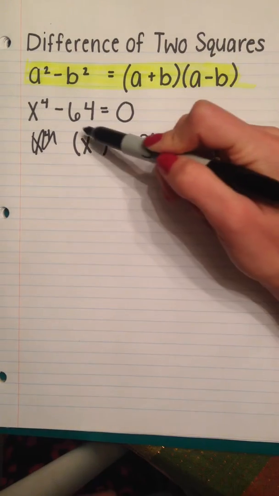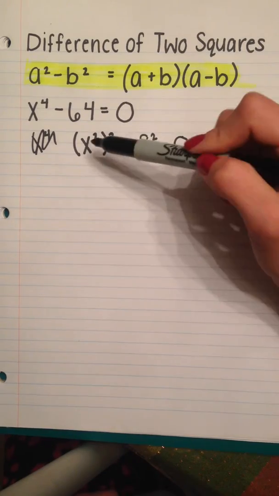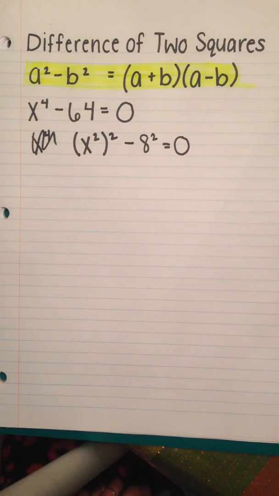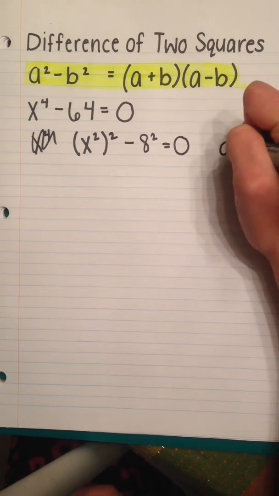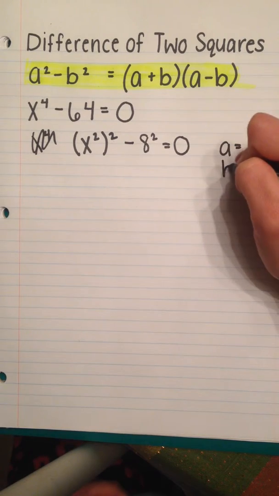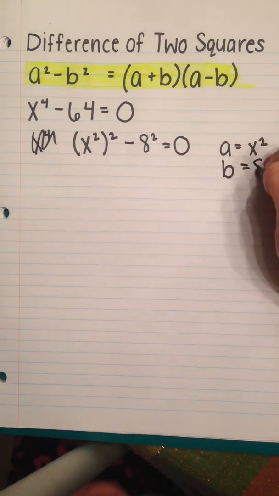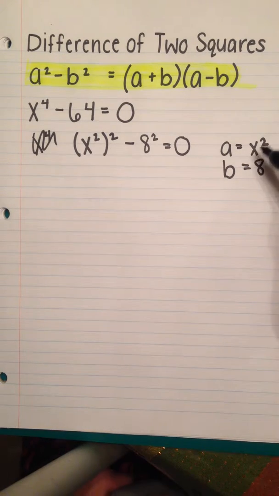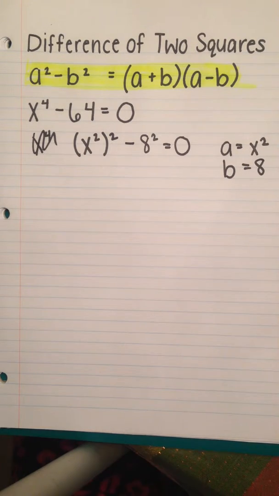So now we have this equation in the form of a squared minus b squared, with our a being x squared and our b being 8. So we can go ahead and plug both of these values into our formula.